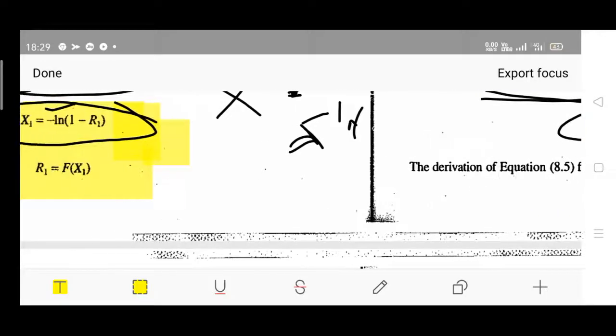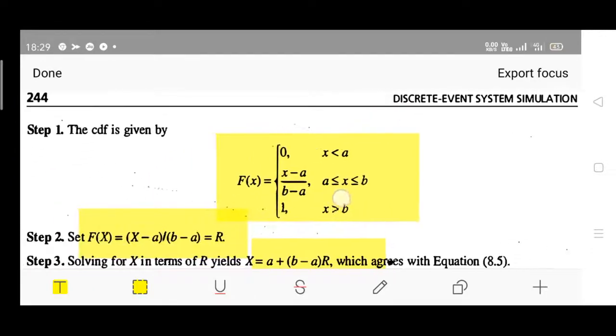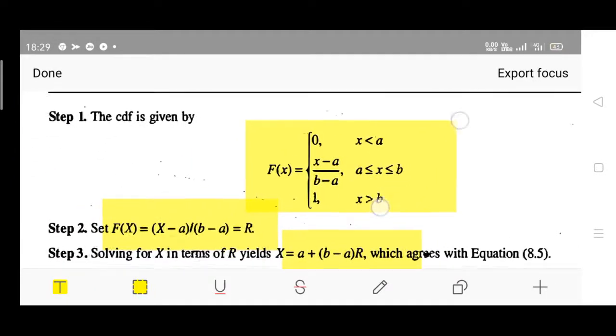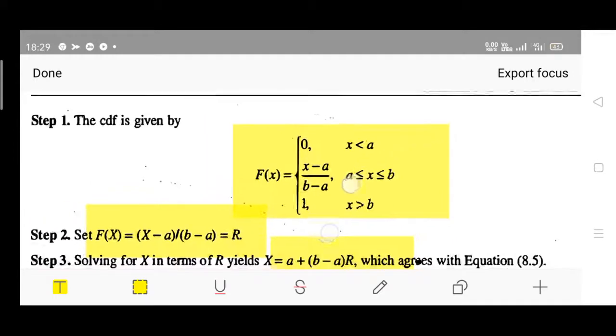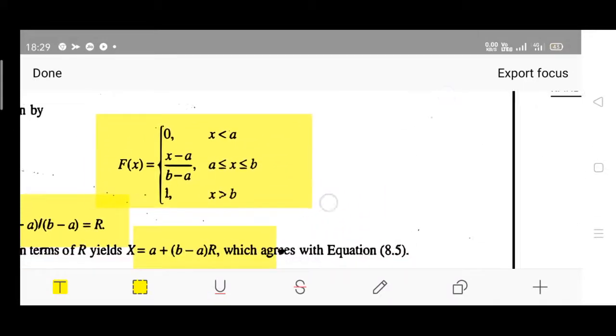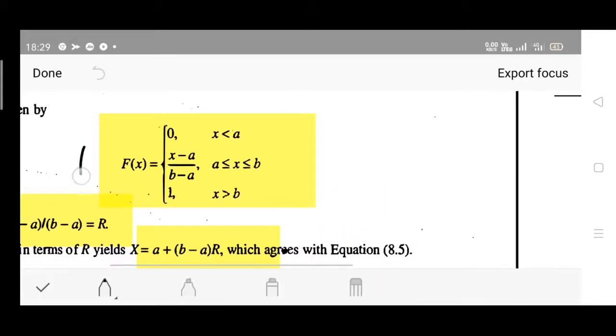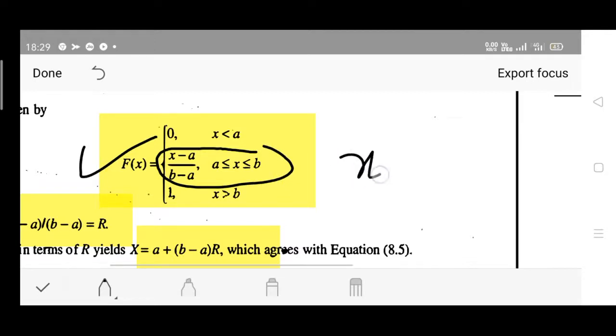Then the CDF, the cumulative distribution function, for this uniform distribution can be given as capital F of x, which in the normal case, where x lies between a and b, is x minus a divided by b minus a.